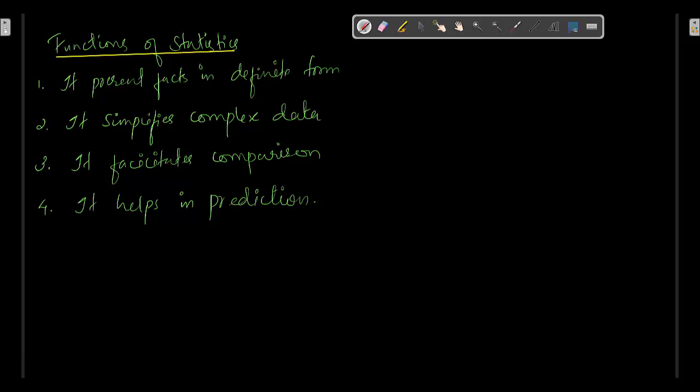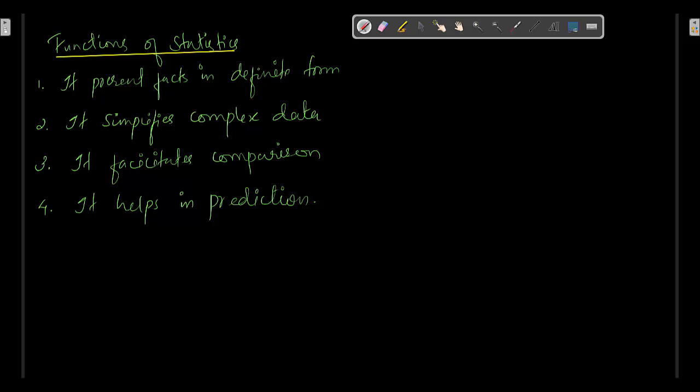Here in statistics we deal with facts and figures. When you put it down in quantitative terms, it is more convincing to people, and therefore more presentable. So that is why the first function is that it presents fact in a definite form.